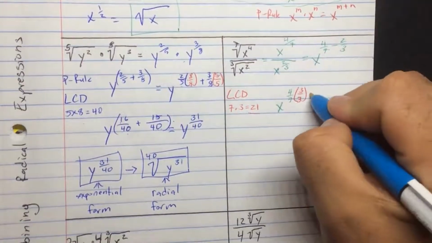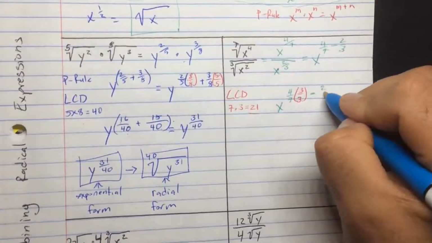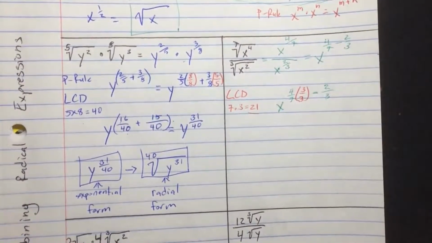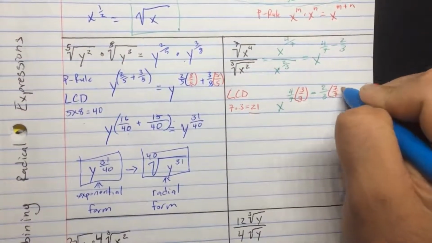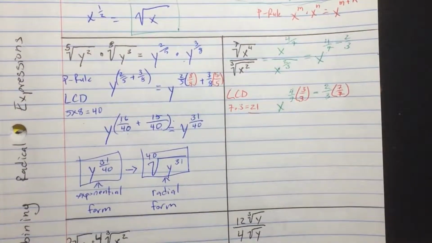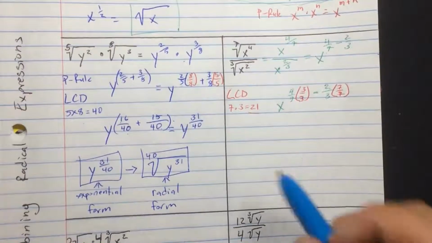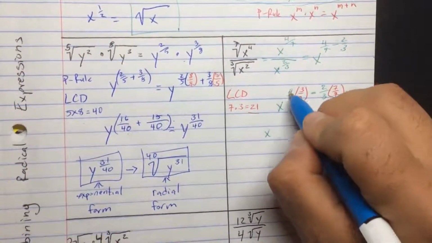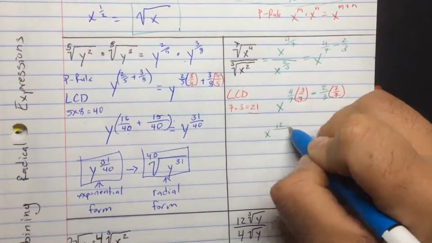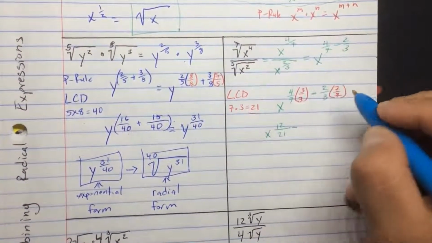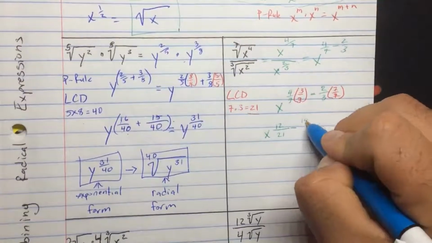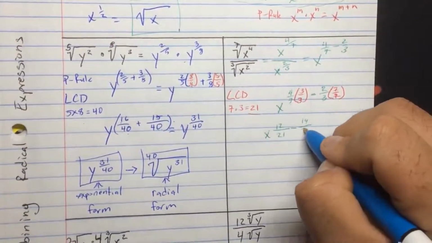And we're doing subtraction still, and we have our 2/3. But in order to make the denominator 21, we're going to have to multiply this one by 7 over 7 as well. All right, that being said, we're going to have our x to the 4 times 3 is 12 over 21 minus our 2 times 7, which is 14 over our 21 as well.